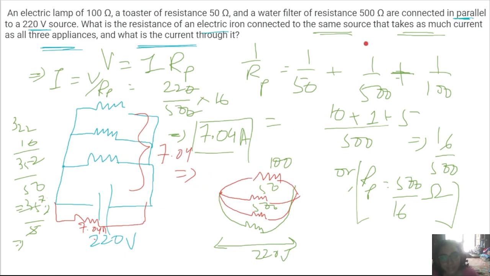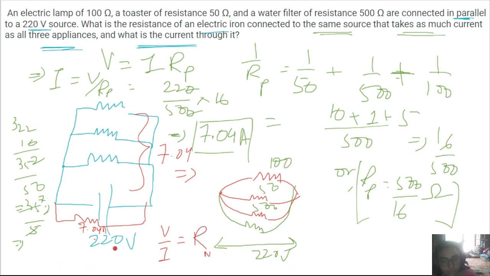So in that case, now our calculation becomes very easy because we just have to find the resistance, which is V by I, equals to Rn.